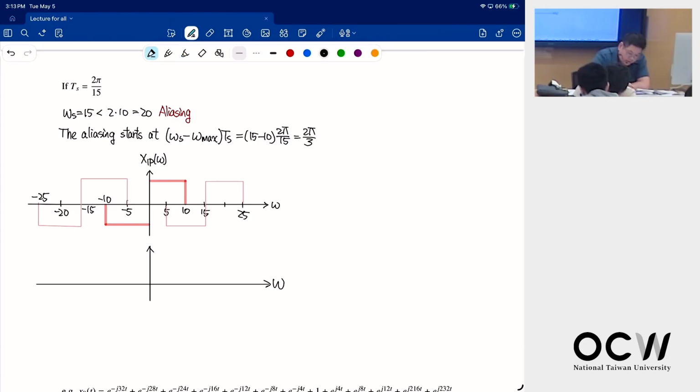Oh, and this is 1 and minus 1. So we have 1 from 0 to 5, and then they cancel out. Right, from 5 to 10, they cancel out. Next, from 10, there'll be minus 1 to 15.